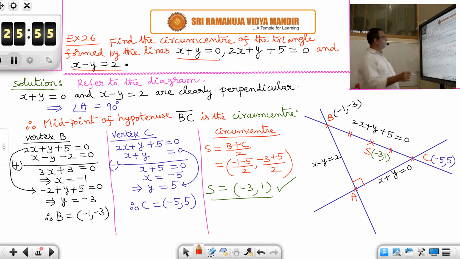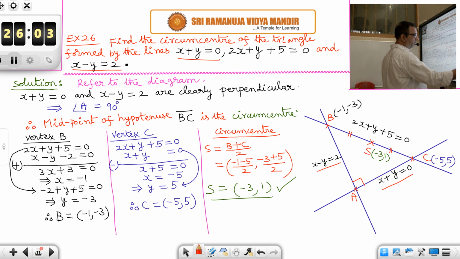So, refer to the diagram. X minus y is equal to 2 here, and x plus y is equal to 0. These are perpendicular lines. So, right angle vertex is A. Okay. A is not required. We want the circumcenter. So, the third line 2x plus y plus 5 equal to 0.